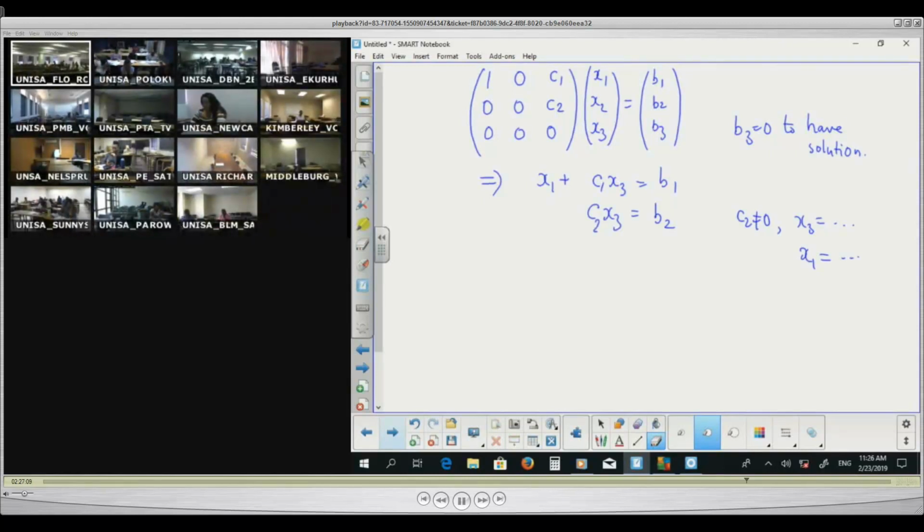This is minus B2 upon C2, and x1 is B1 minus C1 by C2 times B2. So your solutions come up like this.